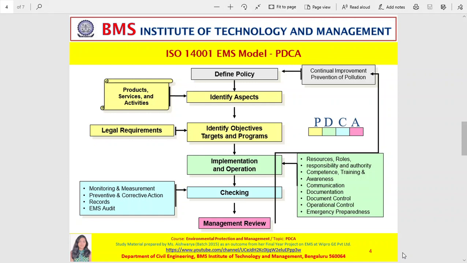Now, what is a non-conformity? For example, if the set environmental objective of the organization is to reduce the wastage of water or to reduce water consumption within the organization, then if you have faulty or leaky taps within the organization, then this becomes a non-conformity.